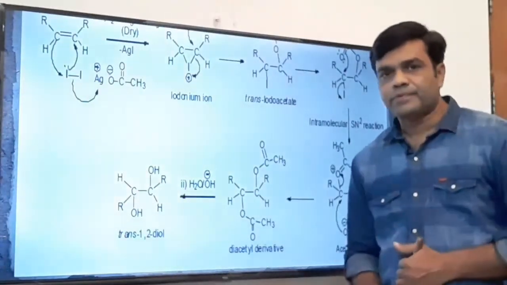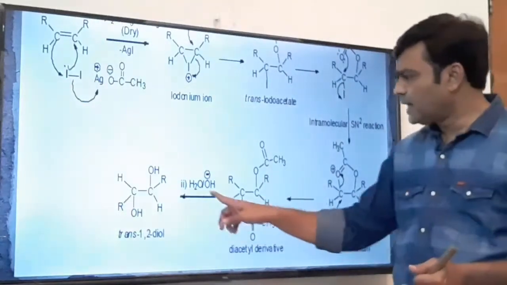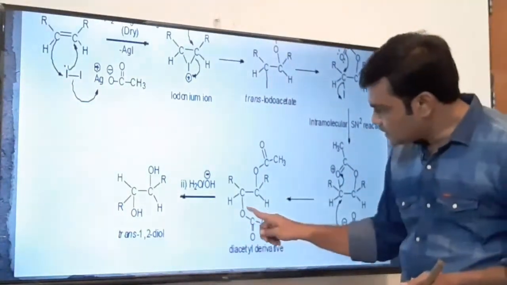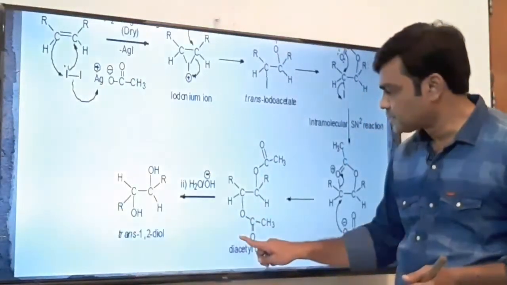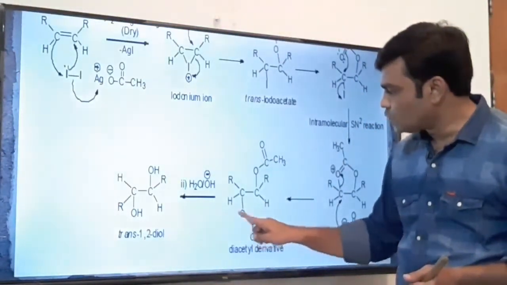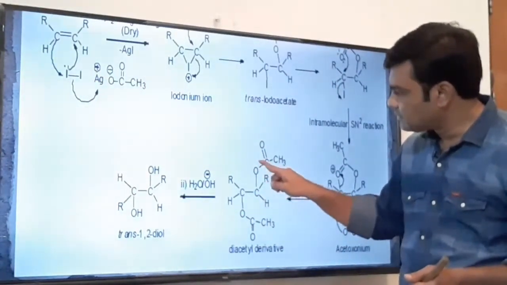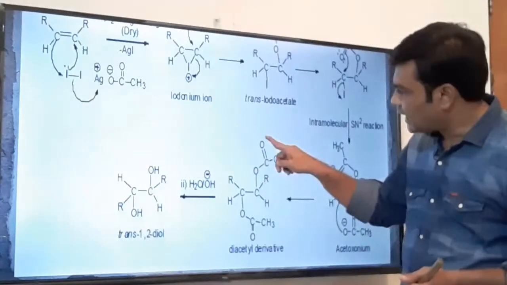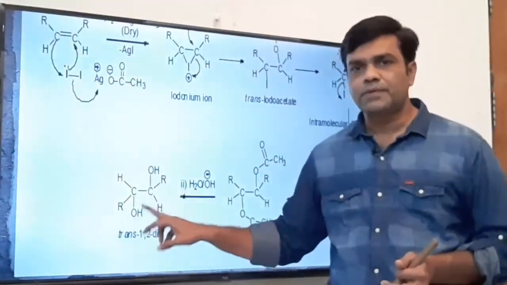Okay, this is the first step. And the second step, hydrolysis. On hydrolysis, this oxygen-carbon bond cleavage takes place. It will convert to an OH group. Here similarly, this oxygen-carbon bond cleavage takes place. It will convert to an OH group, and we get the diol. Interesting to see the stereochemistry.